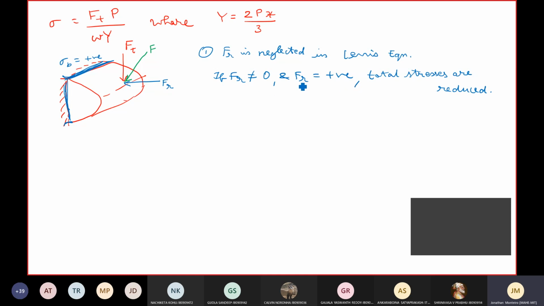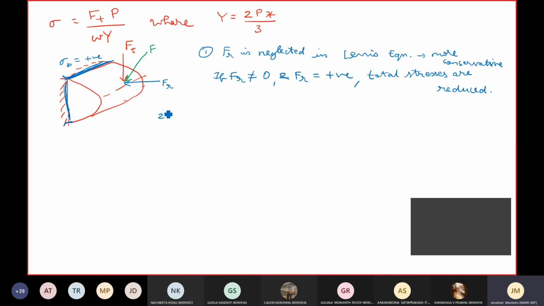It will never be negative in nature because of the tooth profile and the engagement and meshing of the tooth. So that is why you can say the total stresses are reduced. So the Lewis equation is more conservative. Again, more conservative. The worst case scenario, also, has already been taken care of.